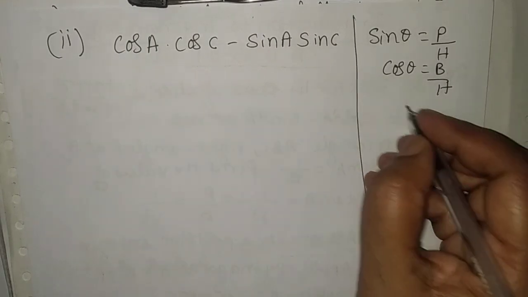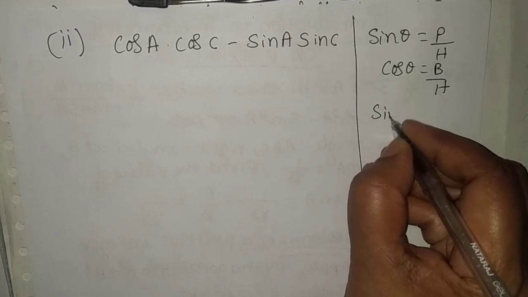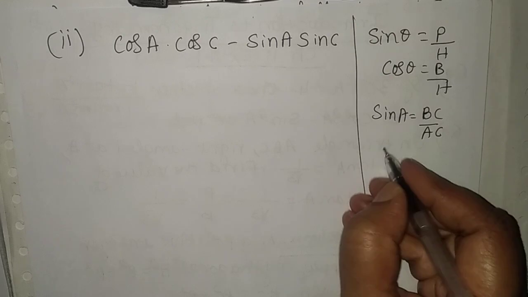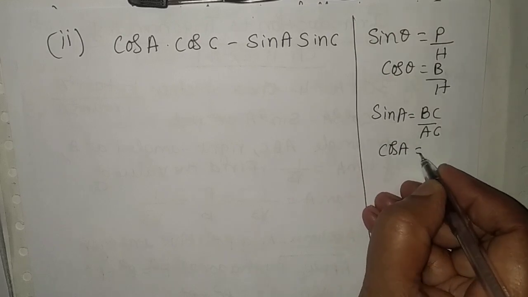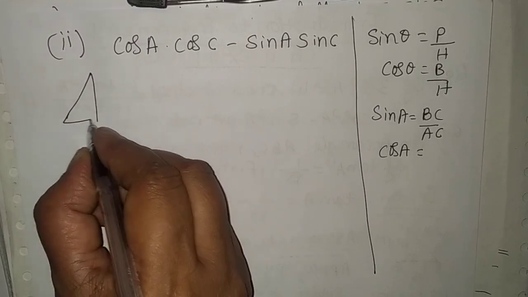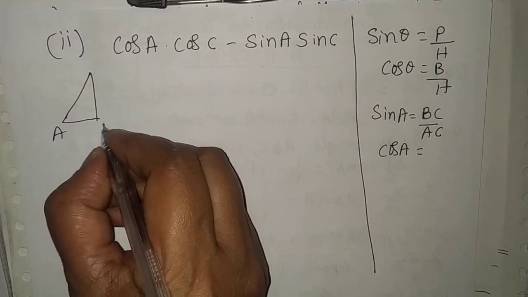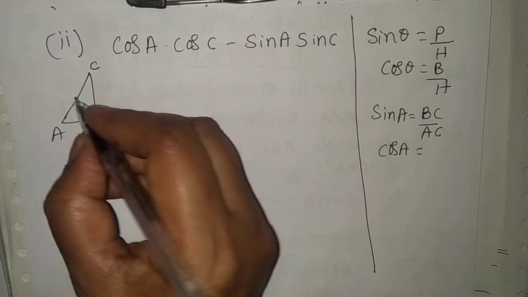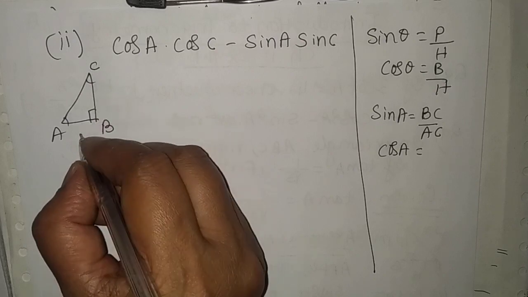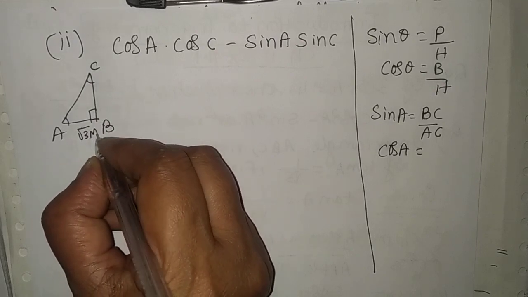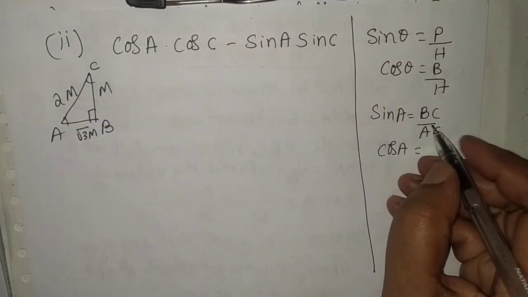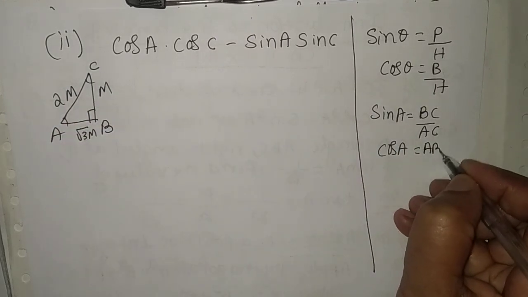Then sin A will be BC by AC, and cos A will be what? I will write down this triangle here, A, B, C. Then these are the sides: this is root 3m, this is m, this is 2m. Cos A is equal to AB by AC.